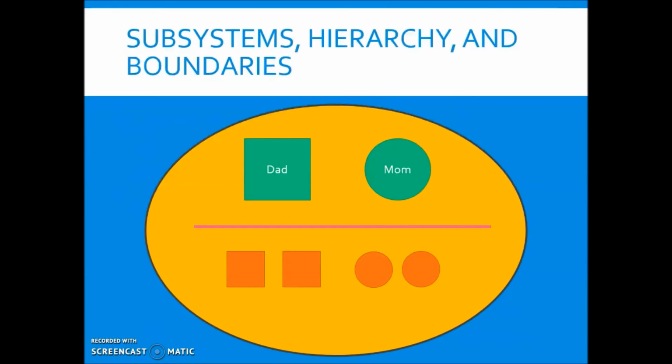So let's look at how some of this might appear in a family. So we've got here our family with dad and mom and 4 kids. This orange circle with the black line represents the family and its boundary.